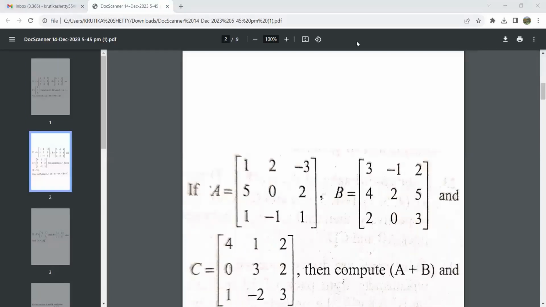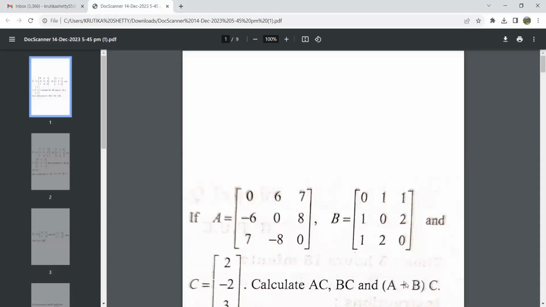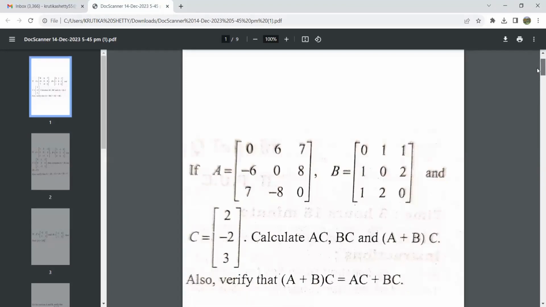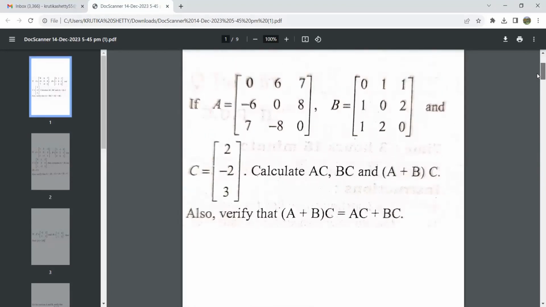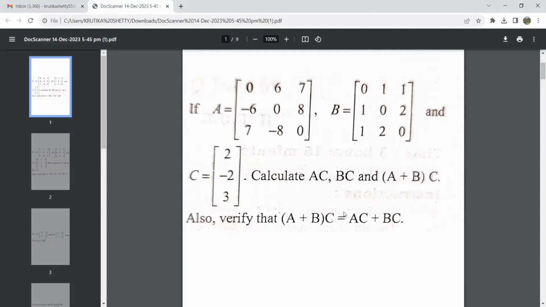The 1-mark questions have been completed. These are some 5-mark and 3-mark questions which have occurred in previous years. Most of the questions have occurred from exercise 3.2, matrices. Based on that only, the questions have been selected.